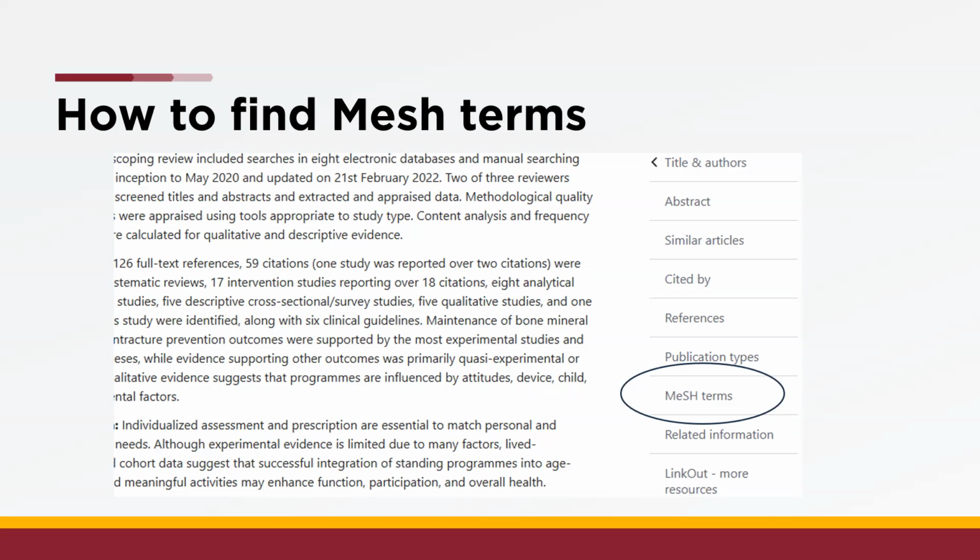And I believe I forgot to mention it: in your protocol, you should have identified 5 or 10, somewhere in that range, articles that meet your inclusion and exclusion criteria. So before you do your big actual search, there is some searching that happens right at that protocol level.